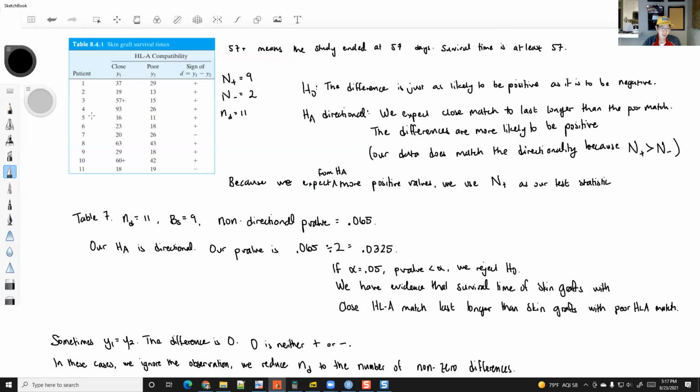So if one of these had no difference, like if observation 11 was a tie, 18 and 18 or something like that, then we would just say ND is 10. We would just say we have 10 differences, and you'd have a different n plus or n minus, whichever one. So sometimes that happens. All right. So it's important not to treat a 0 as a positive number or 0 as a negative number. It has no sign. 0 has no sign.